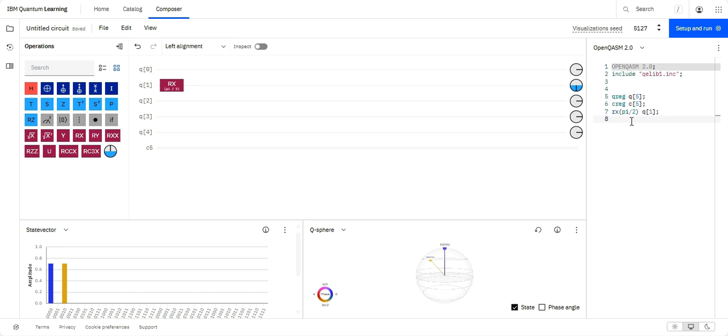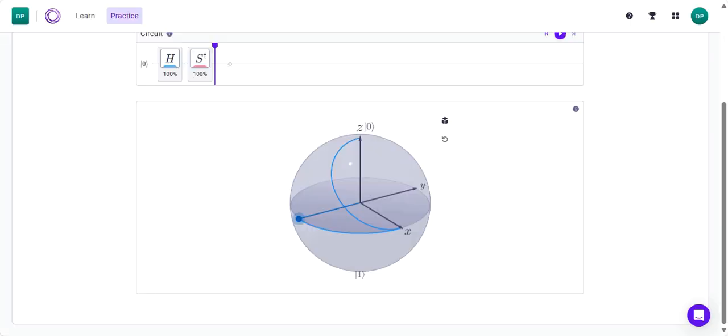It's only going half that distance, right? So instead of it going from the 0 to the 1 state, which would be pi, because that would be half of this globe, half of this sphere, it's only going half that distance when you use the RX gate. So it's going from here to here.